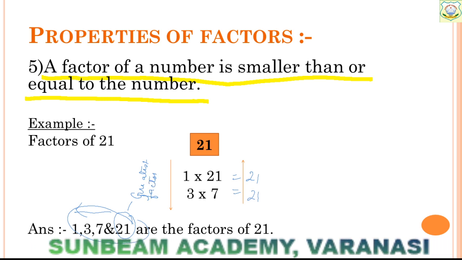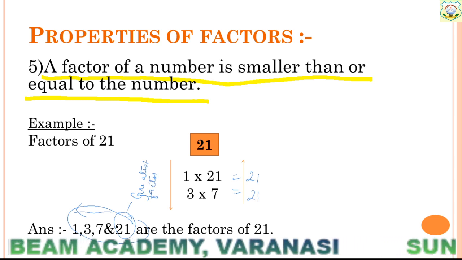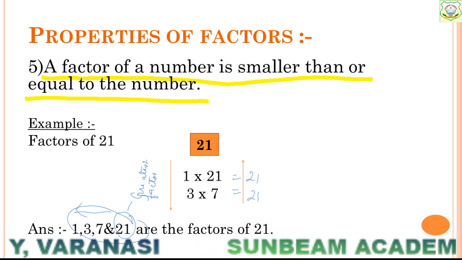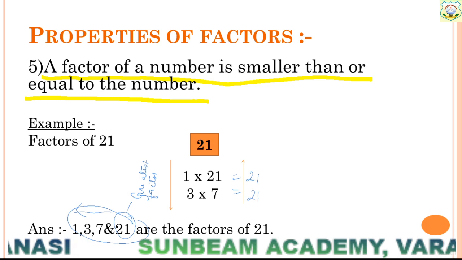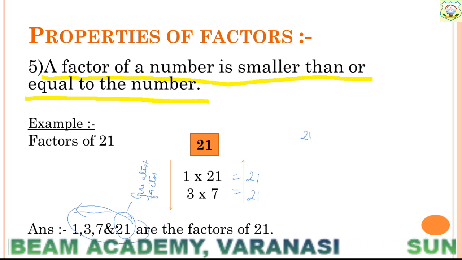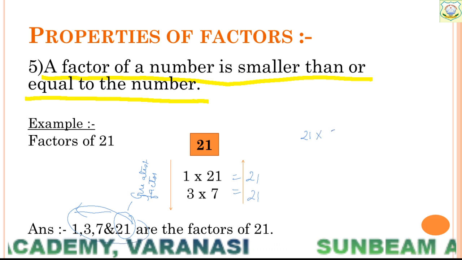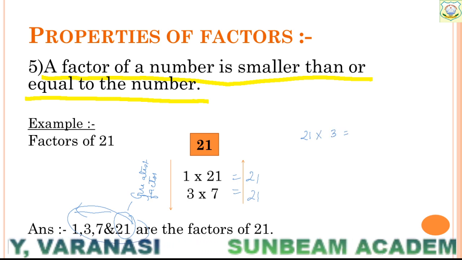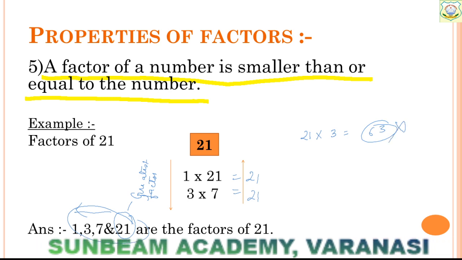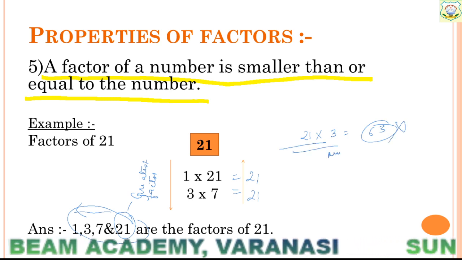So that was the important thing, that a factor of a number is smaller than or equal to the number. You can't write the multiple, okay? For example, if you are writing 21 multiplied by 3, 3 ones are 3, 3 twos are 6. If you have written this, it will be wrong because this is multiple.